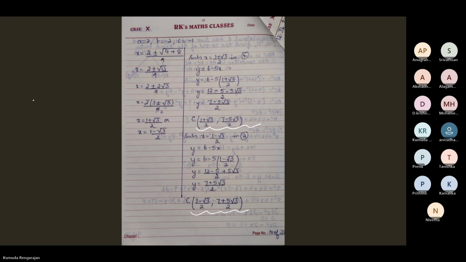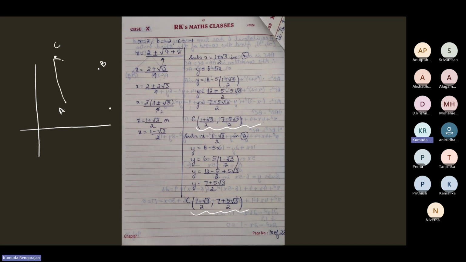Like supposing you plot 2 points of an equilateral triangle. Say you plot 2 points like this. The third point can be here or here, no? Equilateral triangle, you know the coordinates of A and B. You have to find the coordinates of C. So the coordinates of C can be here, a point here.